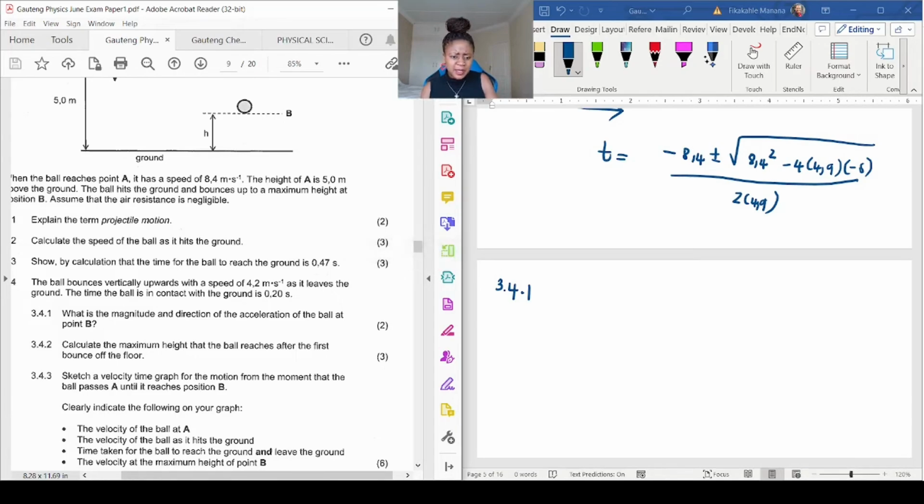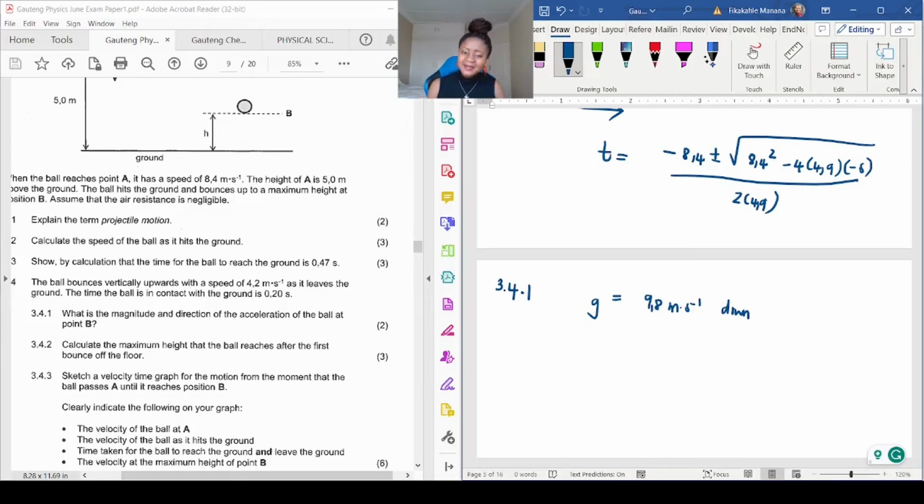It's still going to be, so G, acceleration, let me just say A. Acceleration is going to be 9.8 meters per second squared. And the direction is always down, guys. Gravity downwards doesn't really act upwards. So 3.4.1, it's going to be downwards. Okay, now let's go over to 3.4.2.